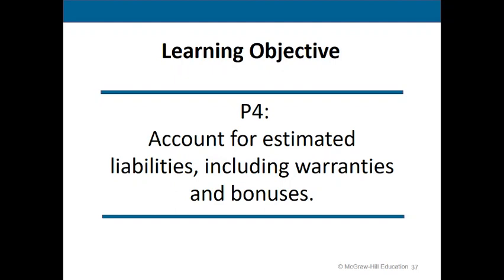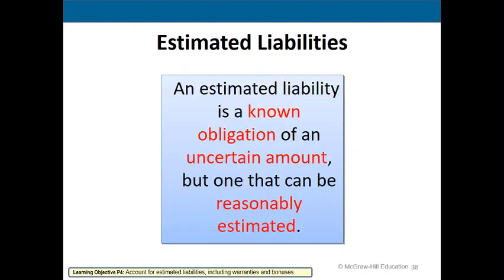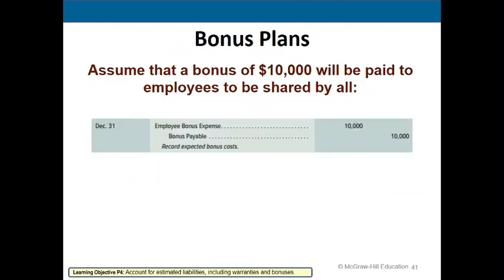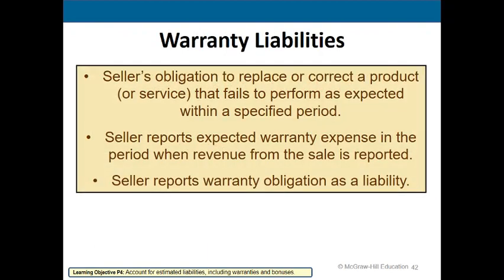Sometimes you have estimated liabilities, and the one we want to talk about here is warranties. This is when you have things like warranties, it's a known obligation, but the amount's uncertain. However, from past experience or history, you can reasonably estimate the liability. So let's look at warranty liabilities.